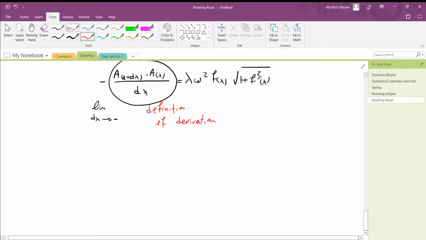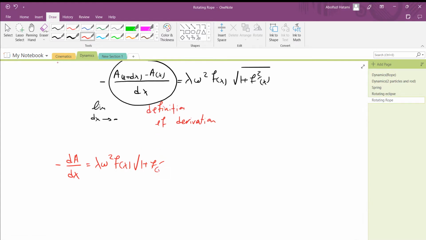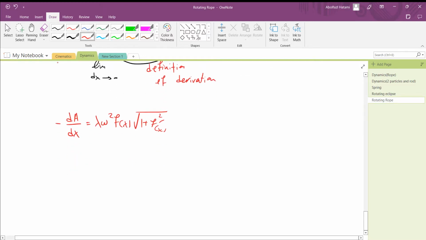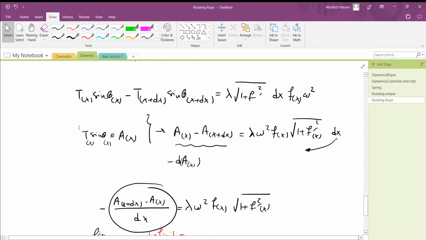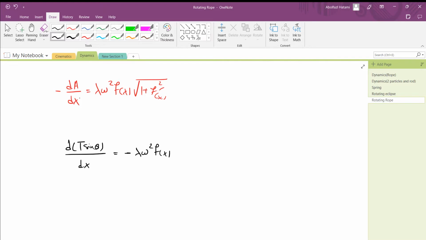So here we have minus dA over dx equal to lambda omega squared f of x radical 1 plus f prime squared. And we said that a is just T sine theta, so I can write that d of T sine theta over dx is going to be minus lambda omega squared f of x radical 1 plus f prime of x squared.